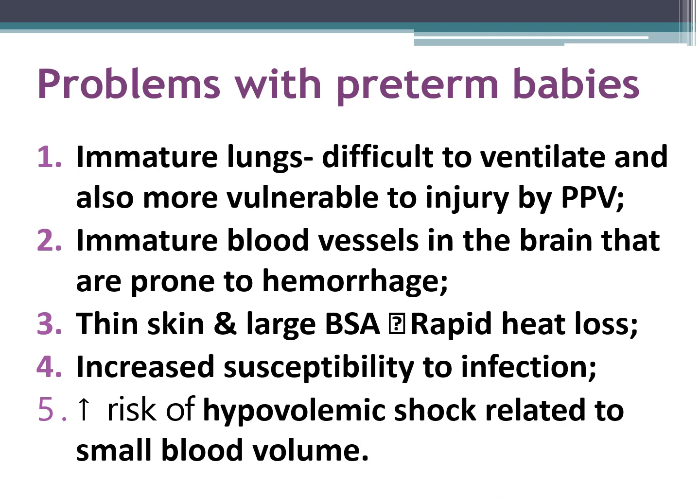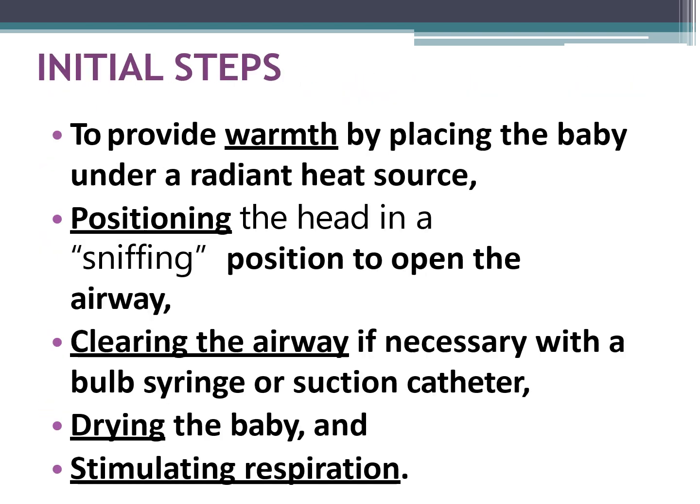The body surface area is large, so the chance of heat loss is also more, and these babies have more chance of infection. At the same time they are at risk for hypovolemic shock due to decreased blood volume. So these are the risks for preterm babies.